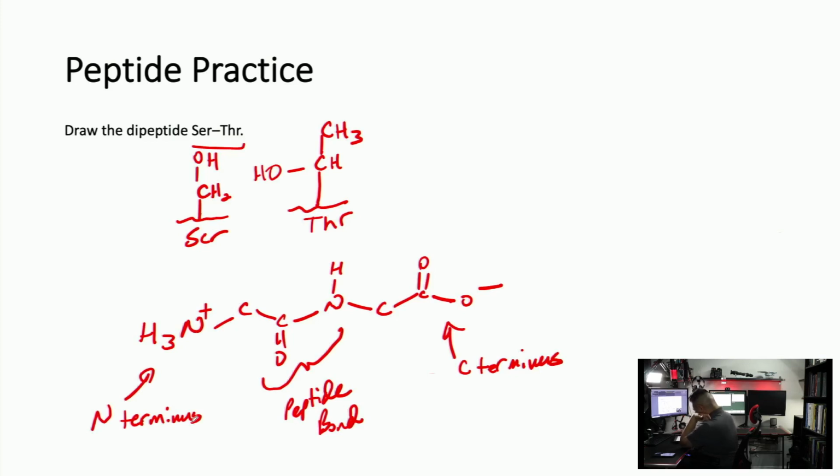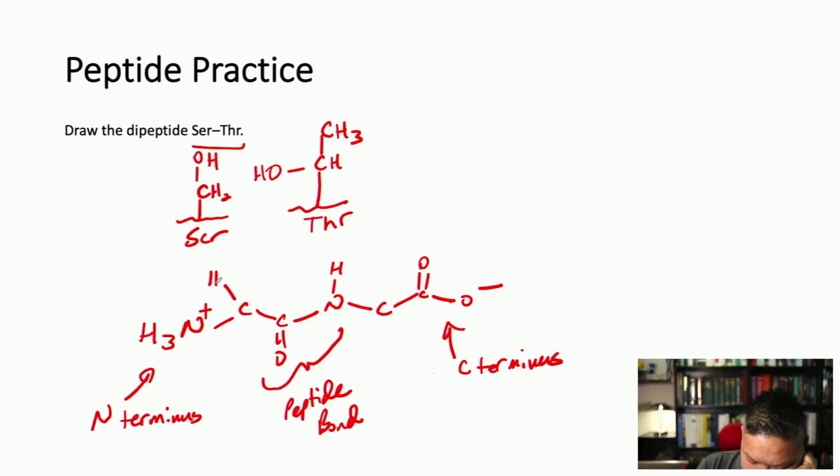So since the amino group and the carboxylate are pointing downwards on the serine, I'll draw the hydrogen up there like that, and the R group, CH2OH, up there like that, right?